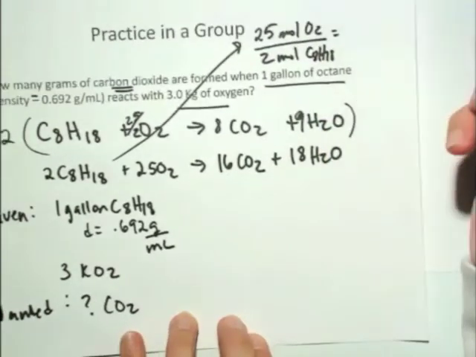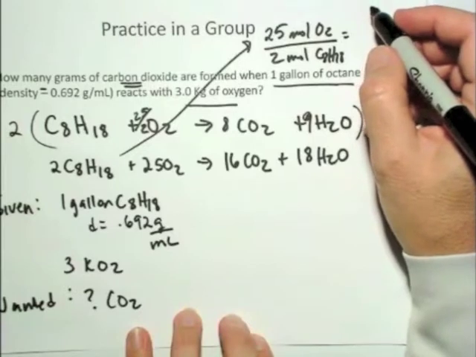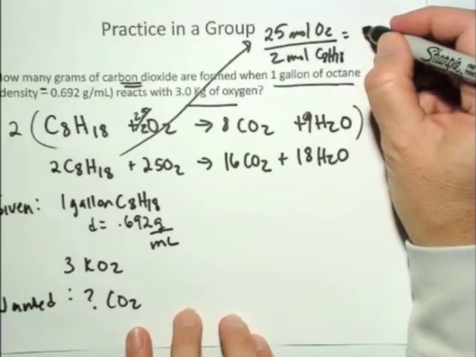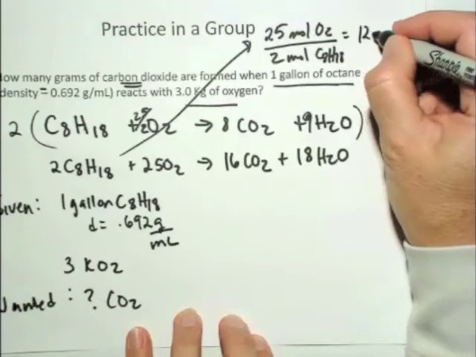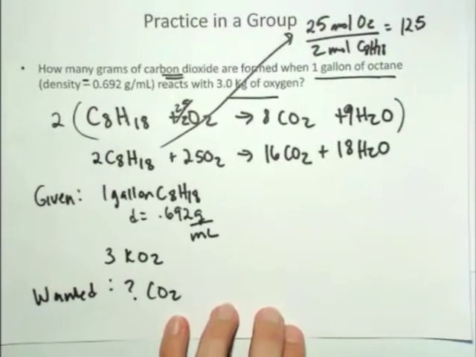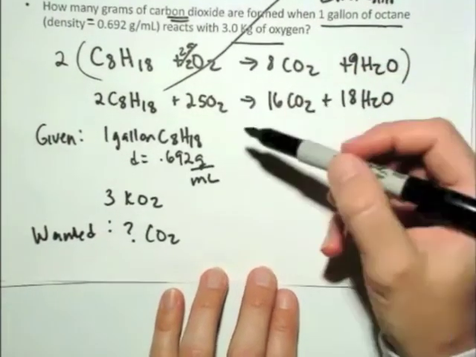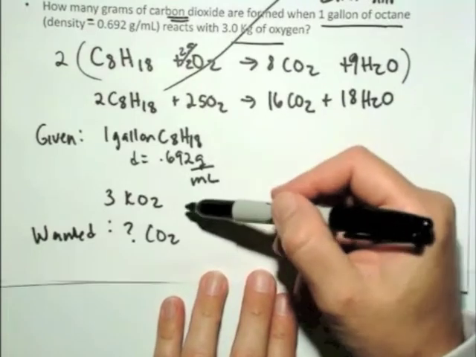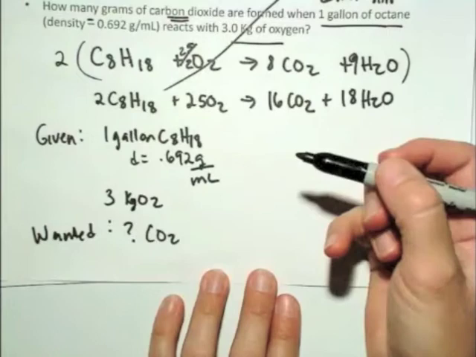To react all of it away completely, we would need, let's see, 12.5 ratio. Okay, a 12.5 molar ratio of oxygen to octane. All right, so we just need to figure out the number of moles of octane and the number of moles, this is kilograms, excuse me, of oxygen given.